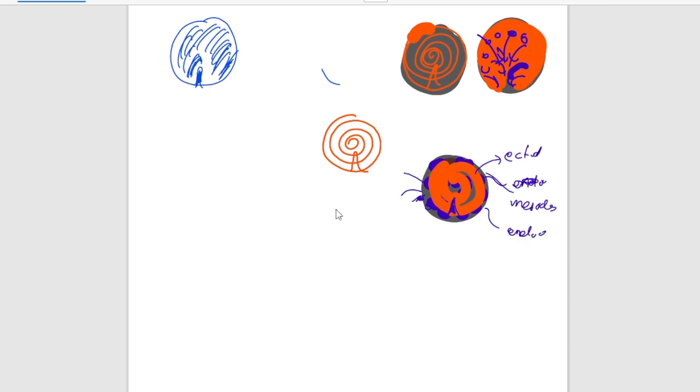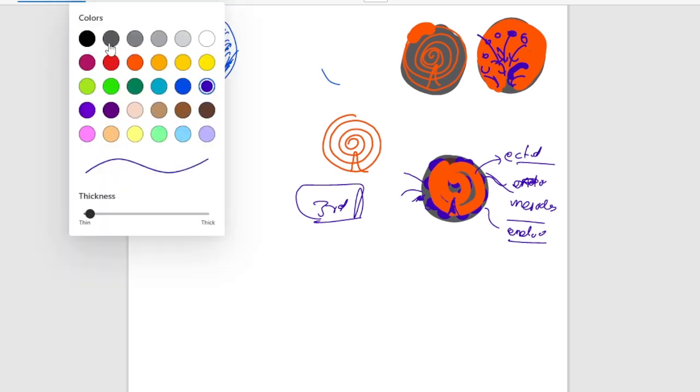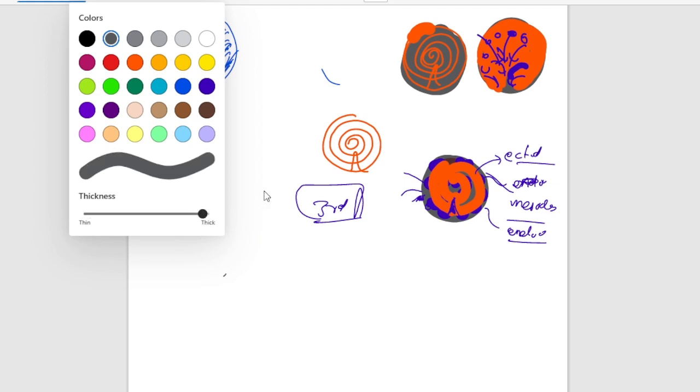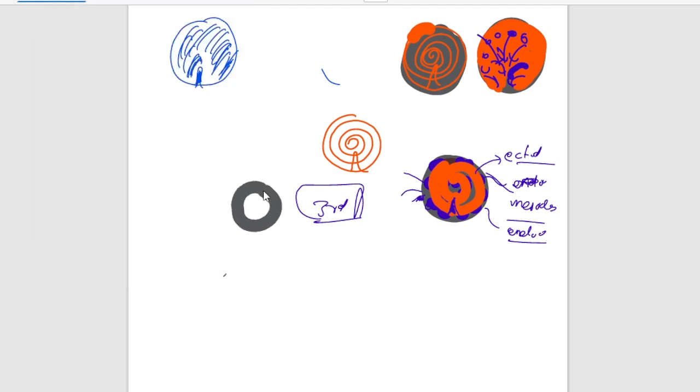So in the third week gastrulation occurs, and this is the gastrulation process. Okay, ectoderm, mesoderm, endoderm, these three things happen. And another important thing is that the innermost layer does not remain the same.